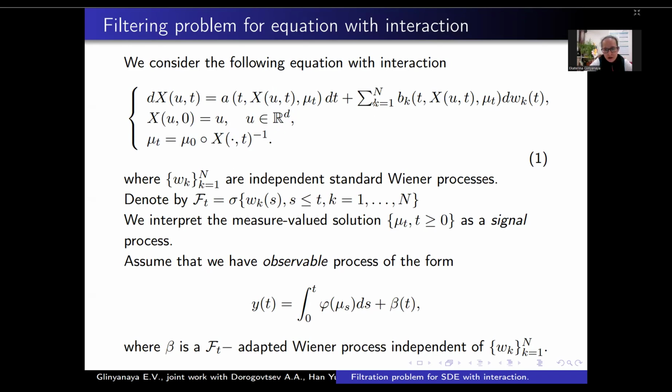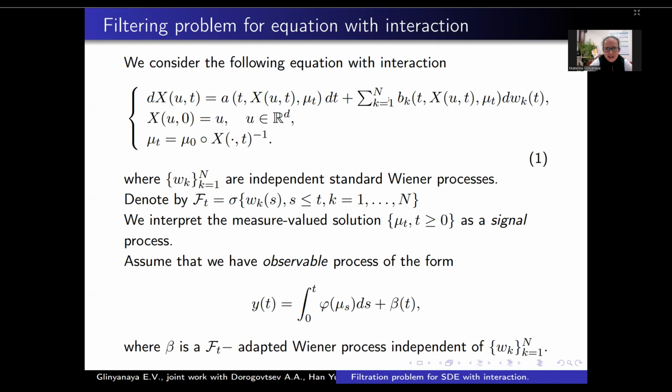Here I write the coefficient not with the Wiener sheet, but using independent standard Wiener processes, just for simplicity of the formulas that we will get.